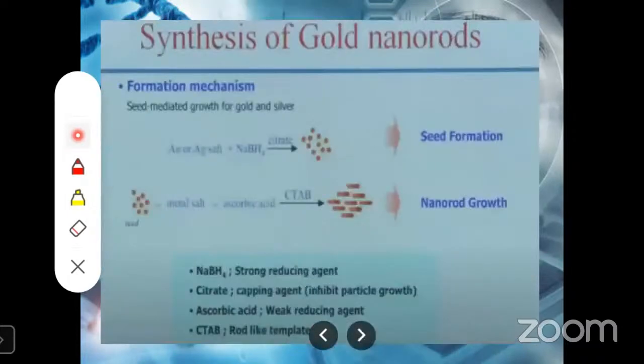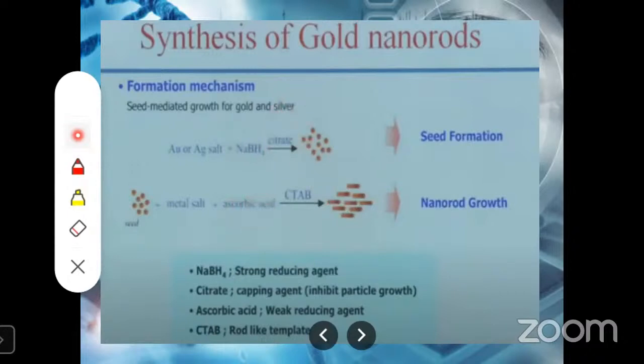So next is the synthesis of gold nanorods. This is also a main process of chemical methods. Here is the formation mechanism, where it will have either seed formation or nanorod growth. So NaBH4 is a strong reducing agent, and citrate is the capping agent here.